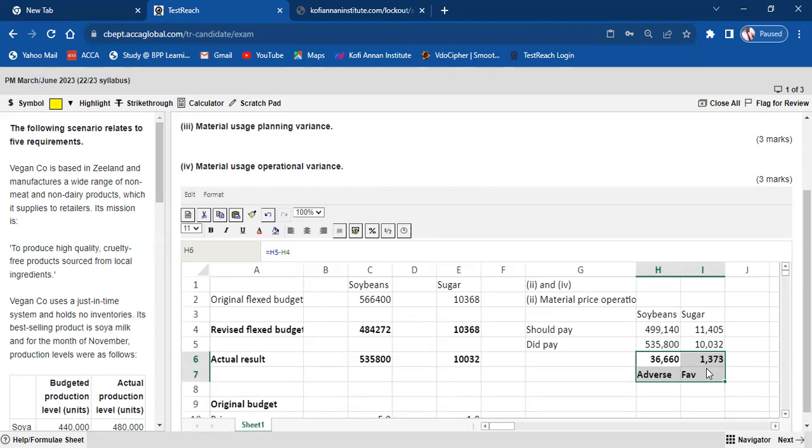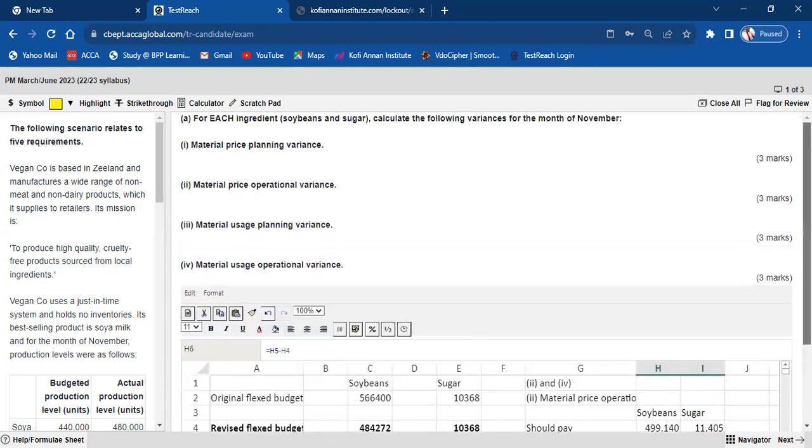For soybeans, 1.5. For sugar, 1.5. So I've just scored 3 marks for the material price operational variances, 1.5, 1.5.